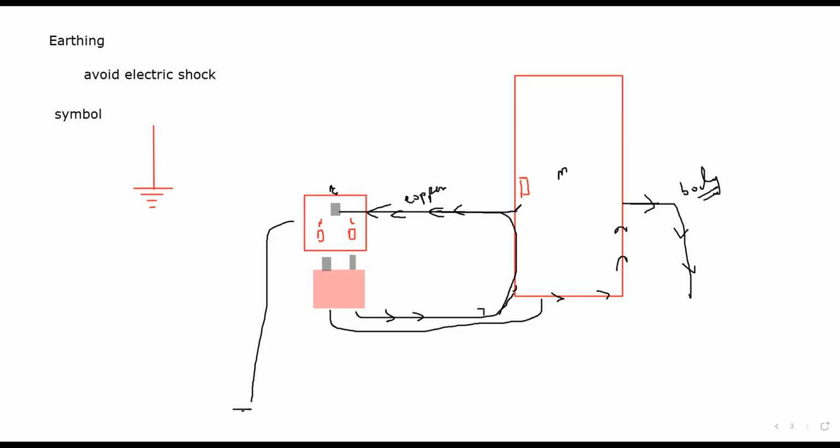This earthing wire is connected to the metal body. So when the current in the live wire is touching the metal body, that current will flow from the metal body to the earthing wire. So if a person is touching the metal body, he will not get an electric shock. Is it clear now?